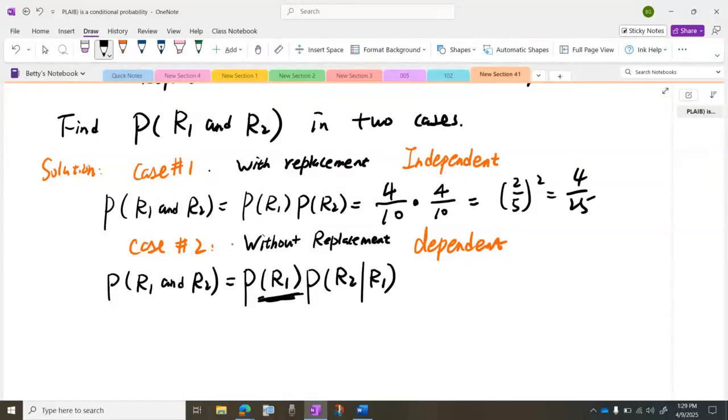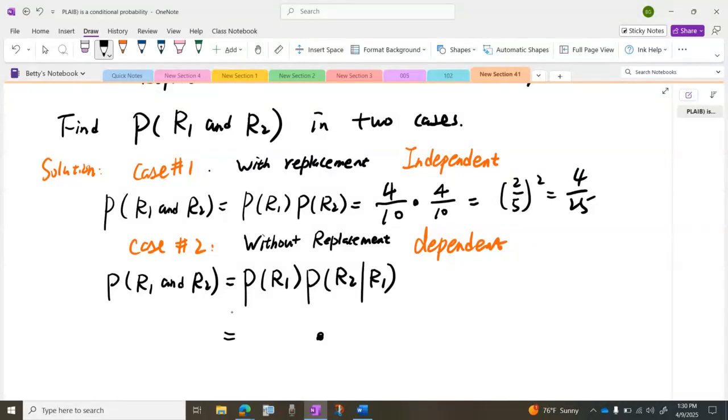R1 happens first, R2 happens second, but under the condition that R1 already occurred. But you don't have to struggle with the notation here. I would recommend you consider this a multiplication rule, so you are definitely using a multiplication operation. And then you want to think about the fundamental counting principle. In essence, behind this formula is the fundamental counting principle for the classical case.